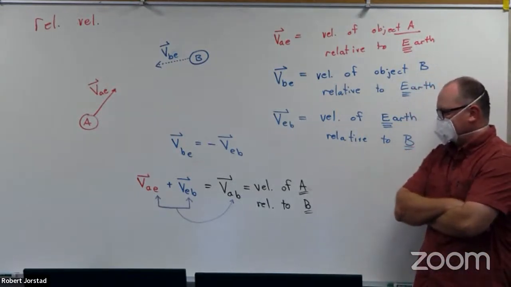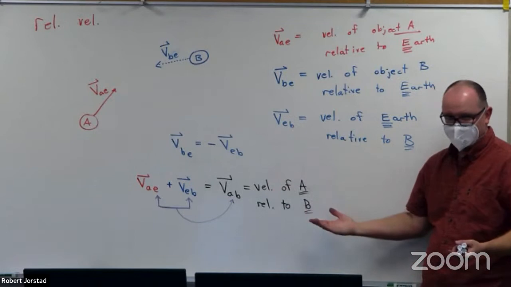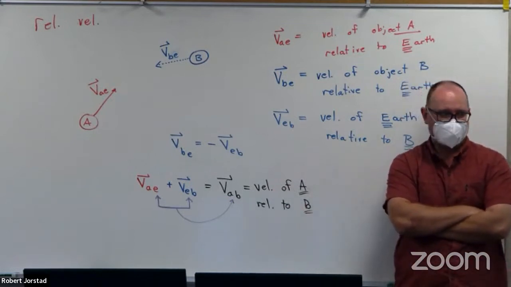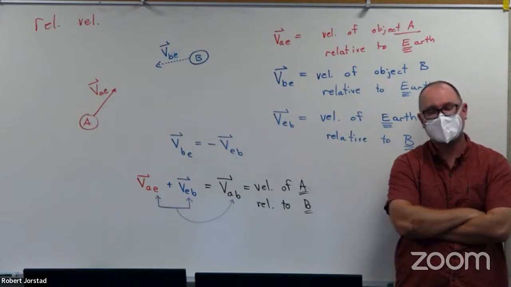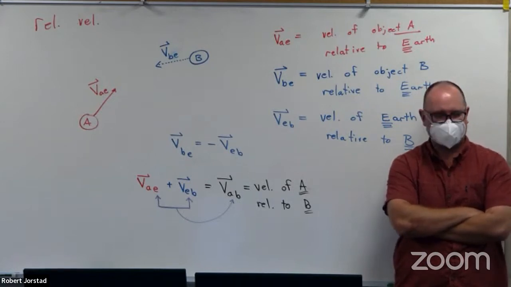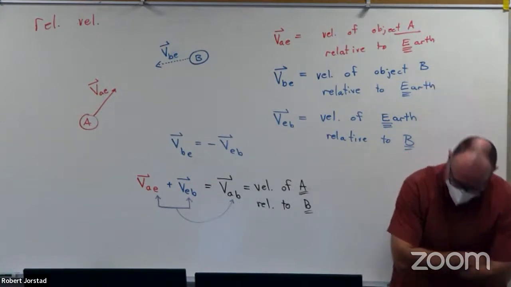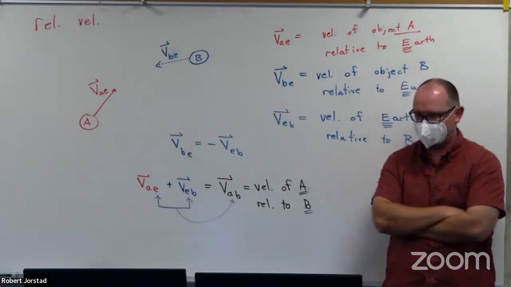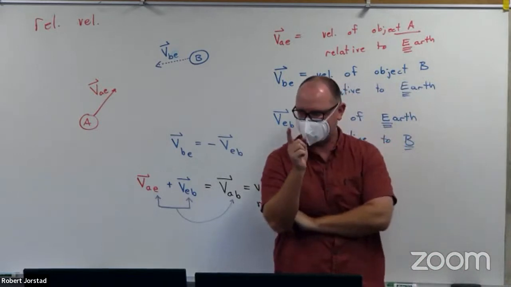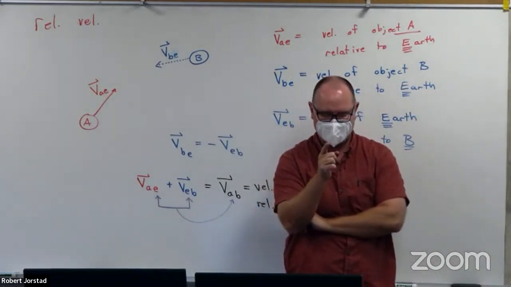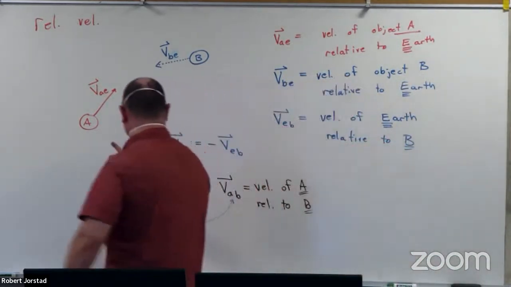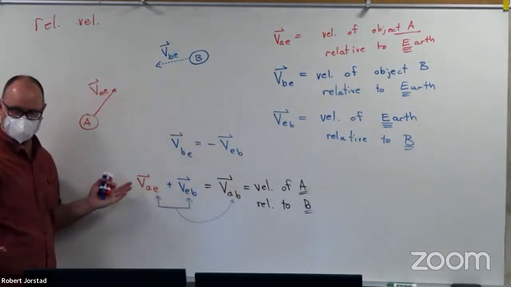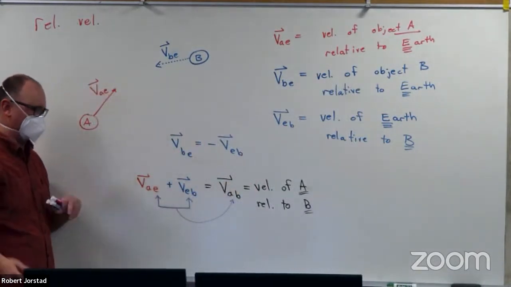So the idea is, in theory, it should be a simple vector addition problem, right? How hard could this be? It's the most commonly missed question on test 1 every year. Here's what's hard about relative velocity for students. You have to read sentences and understand them and make sure, look at this, if you screw up one minus sign out of three, you're almost always wrong.